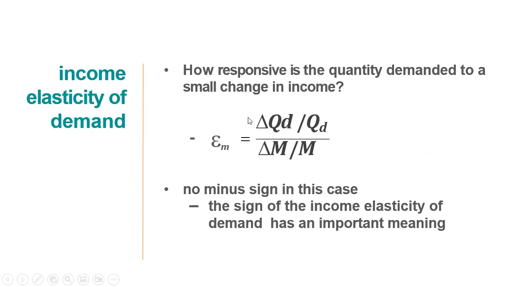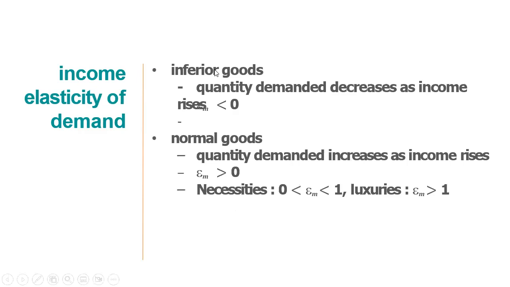There is no minus sign because we have a positive relationship between quantity demanded and income in the case of normal goods. If we have inferior goods, elasticity is less than zero. About normal goods, we have elasticity more than zero. For necessities, the elasticity is between 0 and 1. For luxuries, elasticity is larger than 1.